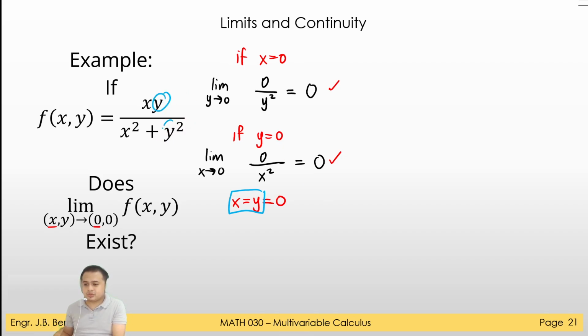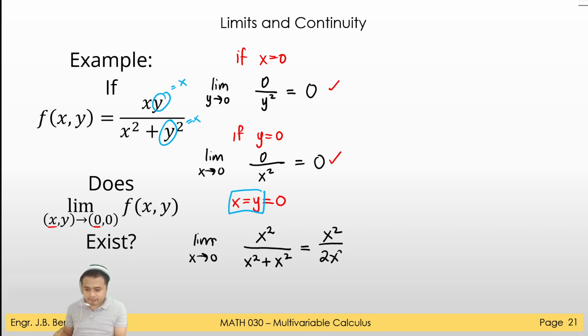Since x is equal to y, the numerator will be x squared over x squared plus x squared. So the limit as x approaches 0 of this becomes x squared over 2x squared. We can simplify this, so the limit will reduce into 1 half.